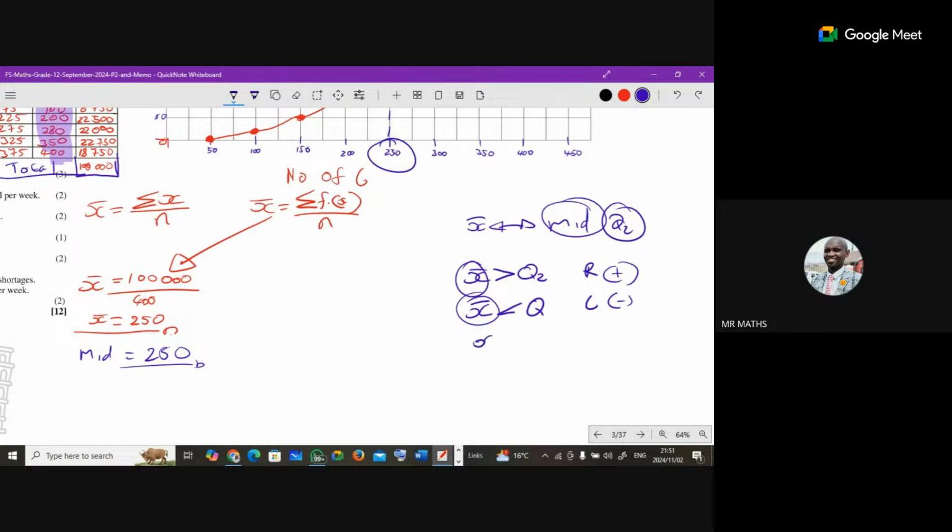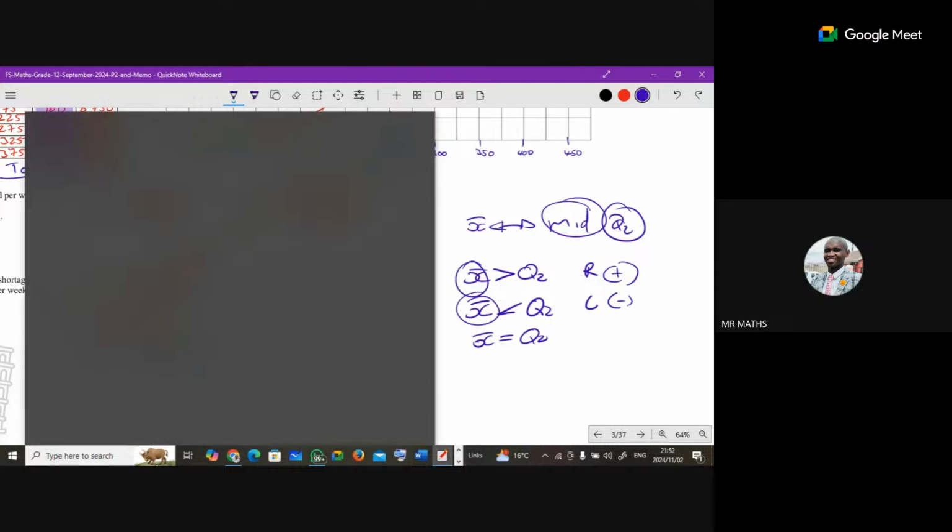But what happens if the mean is equal to Q2, like in this case, where our mean is 250 and our median is 250? What can we say about that? It is neither skewed to the left nor skewed to the right.